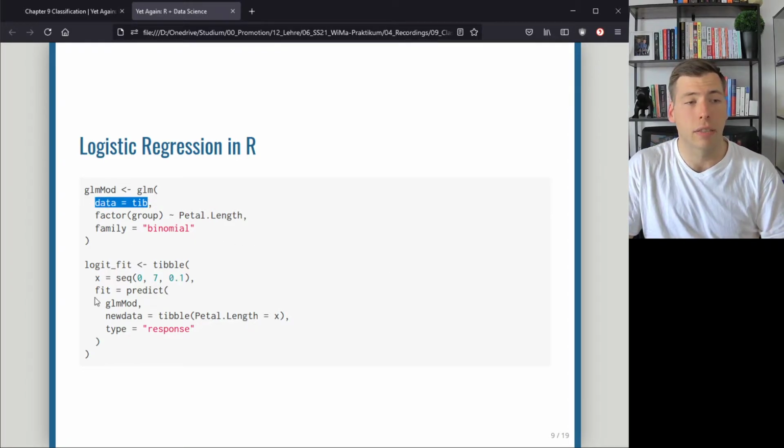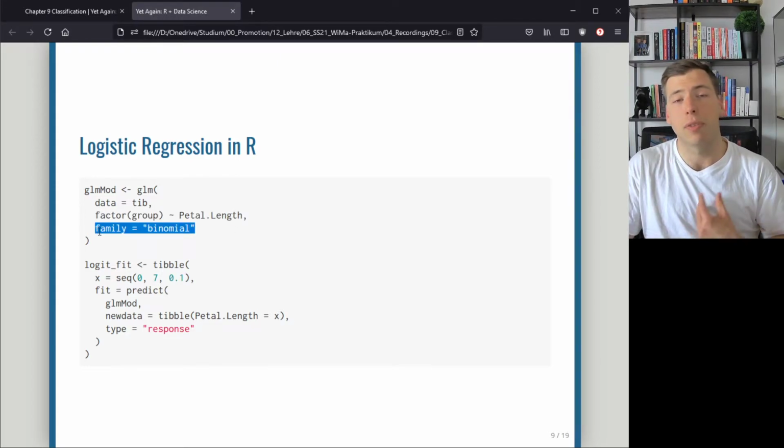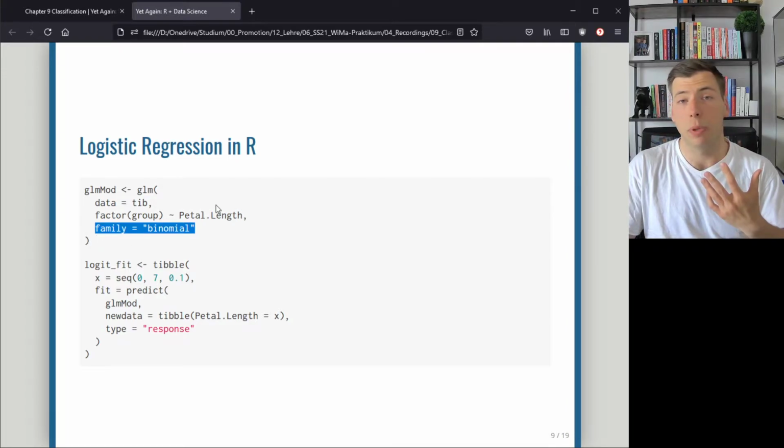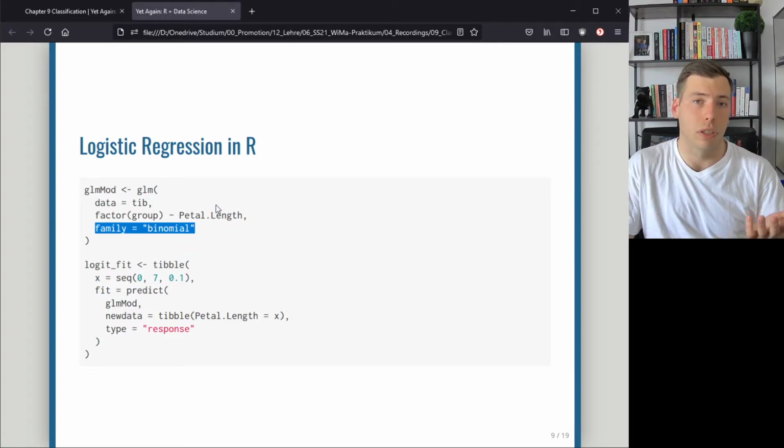It just takes a data argument and it uses a formula to describe what is the response, what are the predictors, and then you have to state what family you use, what is the response variable. And here we've already said we want to look at Bernoulli random variables, which is a special case of the binomial distribution. So that is the family we're interested in here.